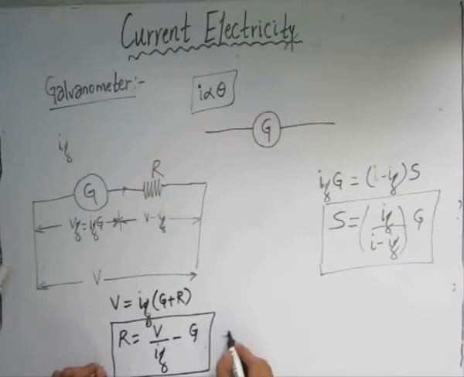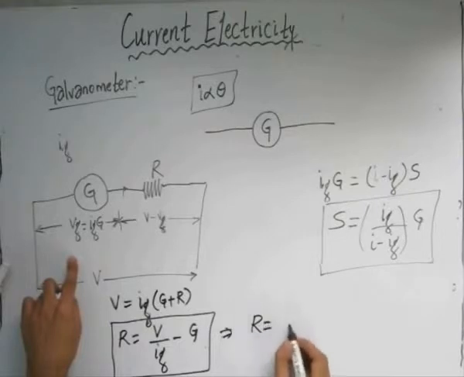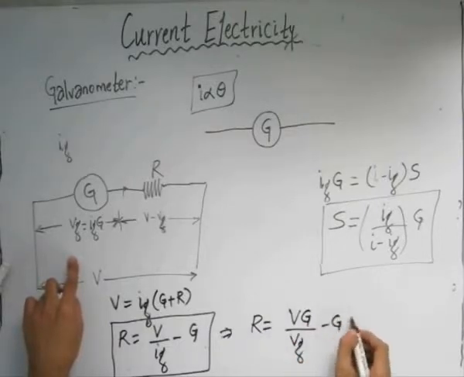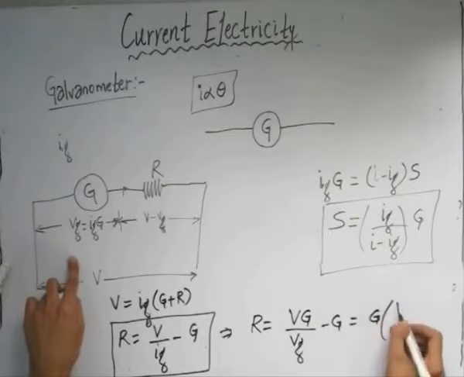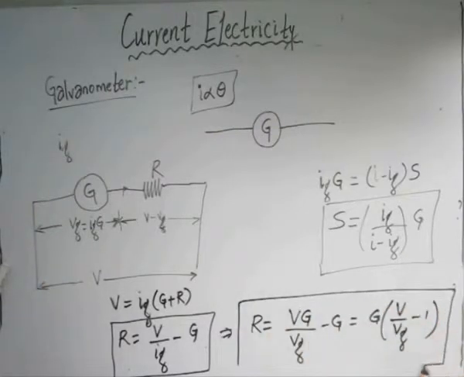So if we substitute Ig as that, we get the value of R as V over Ig minus G. Even in this way we can represent the value of the resistance R.